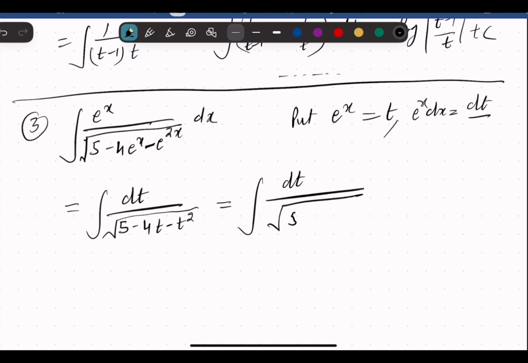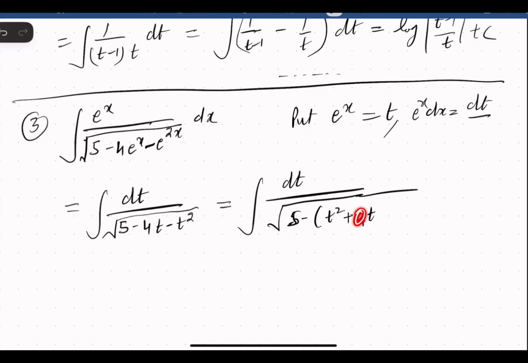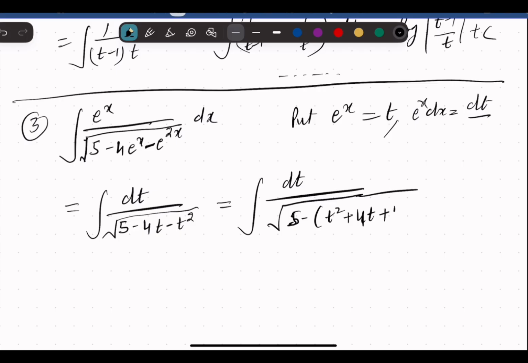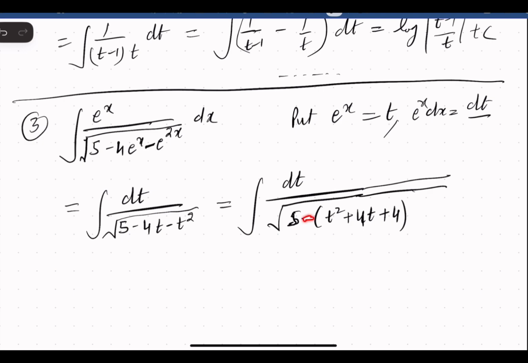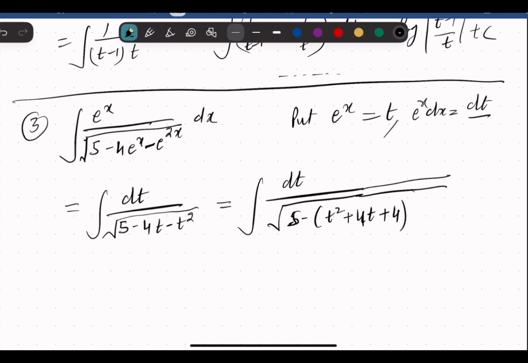This is 5 minus, with negative common, t square plus 4t. Here you will have to add half of this, which is 2, and its square, 4. Actually what you are doing is subtracting, because of the minus, and at the end you will add this 4.